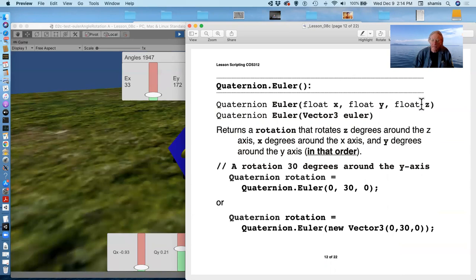There's the 3-argument scalars and the 1-argument Vector3. And this returns a rotation that rotates in a particular order, first about the Z, then about the X, and then about the Y. That's a convention because different orders would lead to different orientations. So here's a rotation about the Y-axis by 30 degrees.